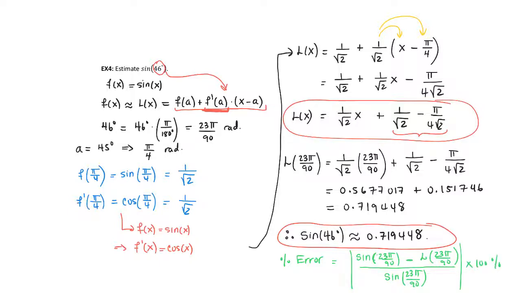And you're going to see that the percentage error is very, very small. So this number right here is a very close approximation of the sine of 46 degrees.